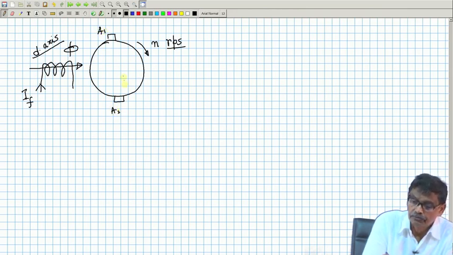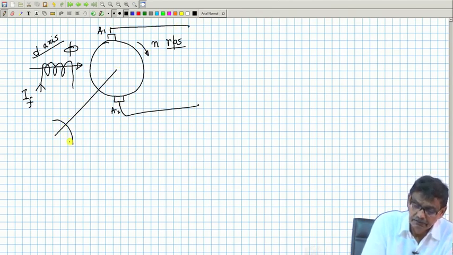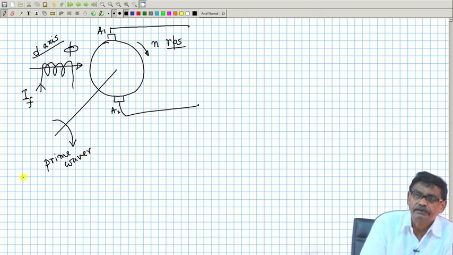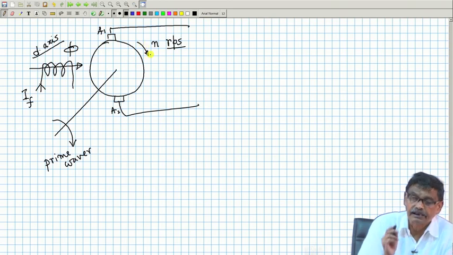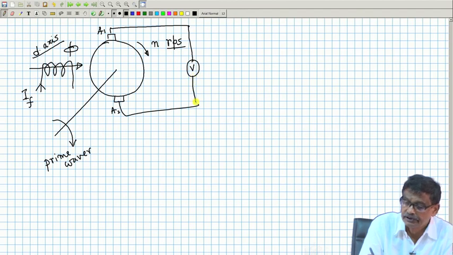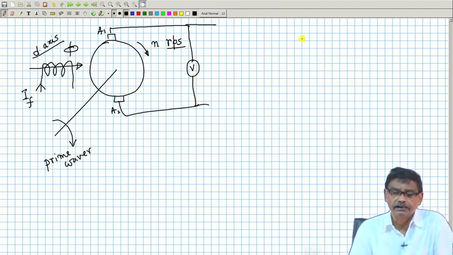I want to calculate how it is driven. It is driven by a prime mover, because as a generator I want to run it, maybe a diesel engine, maybe a steam turbine, whatever it is. So the prime mover drives it at n RPS. Then the question is, what will be the generated voltage, that is, the reading of the voltmeter when no load is connected. That is our intention.